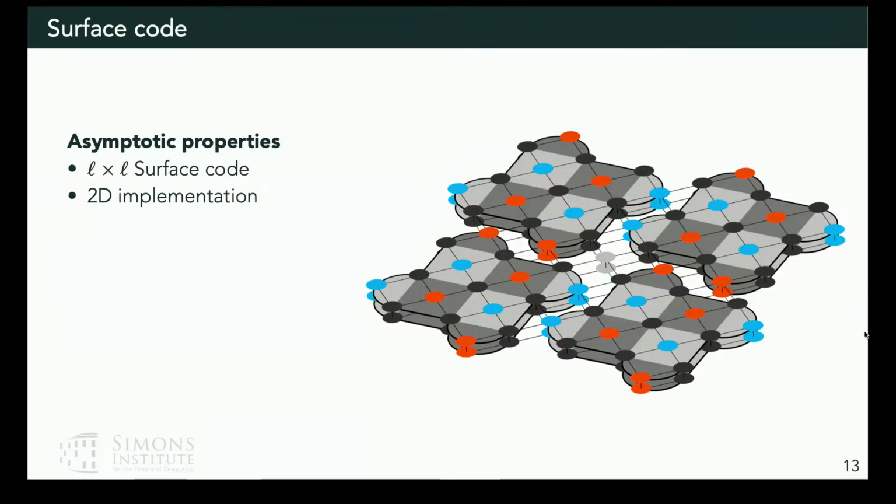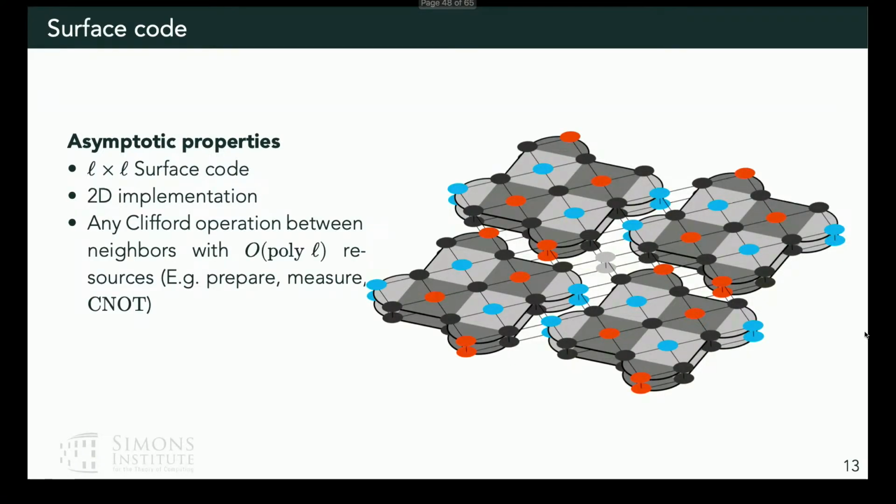If I have an L by L surface code, I know how to do essentially full universal logic with it in a 2D implementation. What I need is to be able to do Clifford operations between nearest neighbors in the lattice with polynomial resources. For example, I need to prepare computational basis states, do C-naughts, and measure.